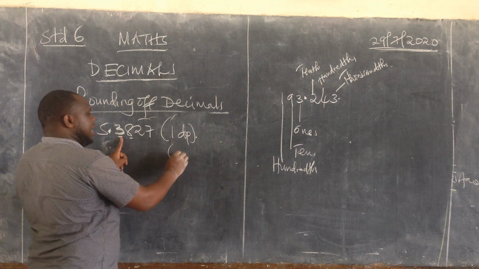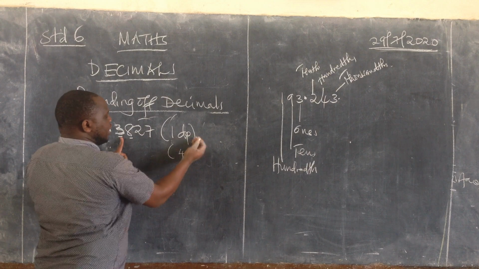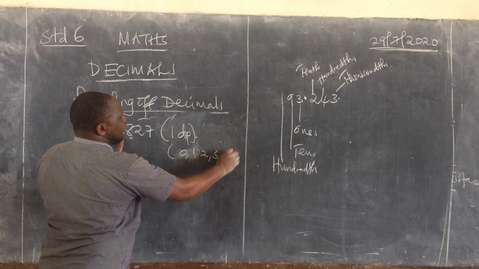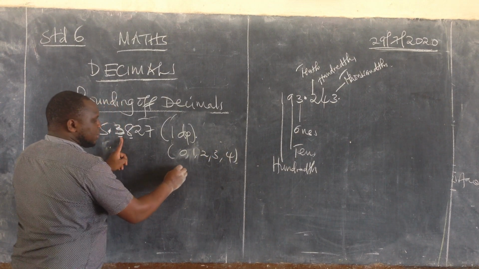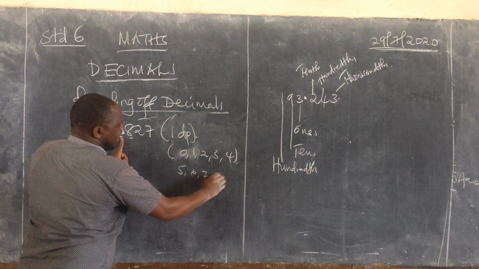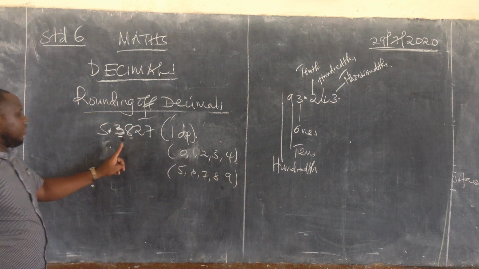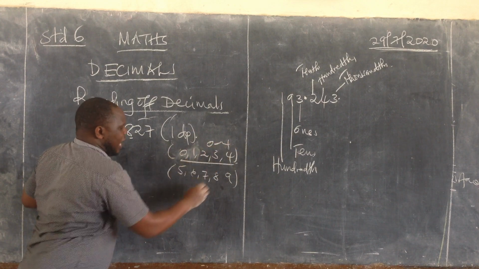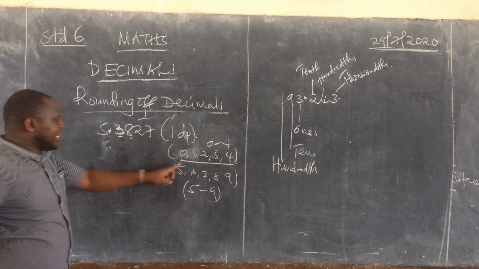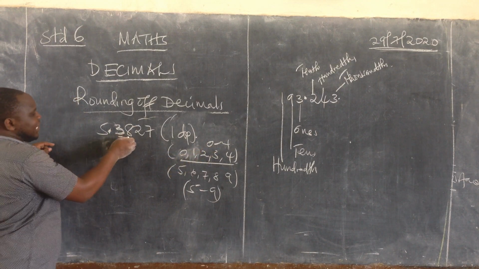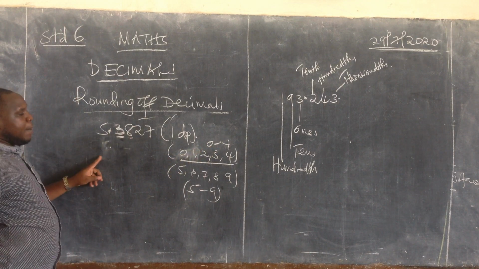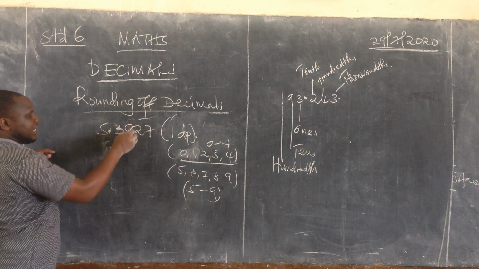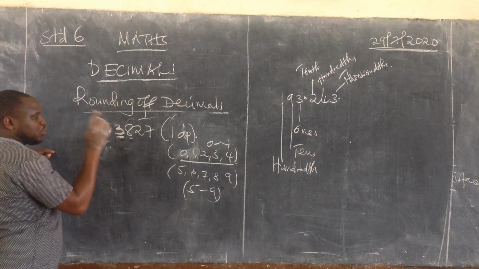Is it 0, 1, 2, 3, 4, or is it 5, 6, 7, 8, 9? If the number lies between 0 to 4, the previous digit does not change, it remains the way it is. But if the number is between 5 to 9, this is going to be changed to 0, but you have been told one decimal place.